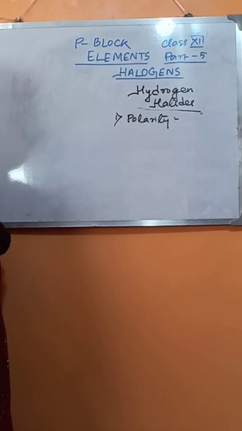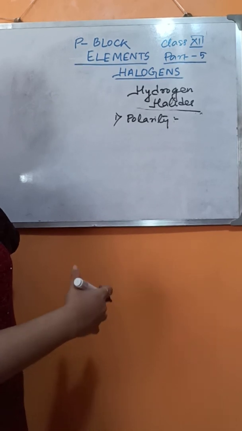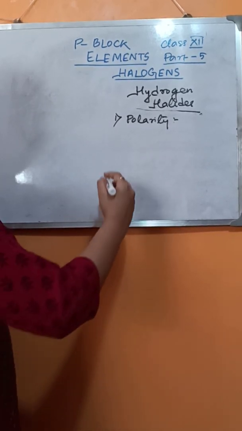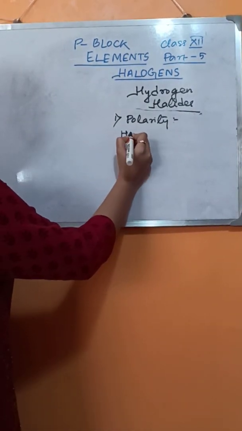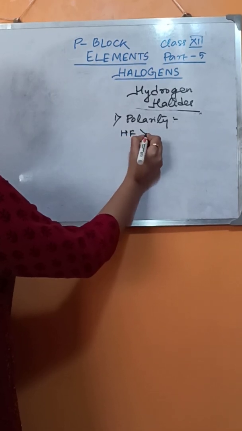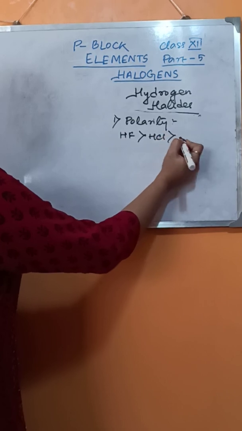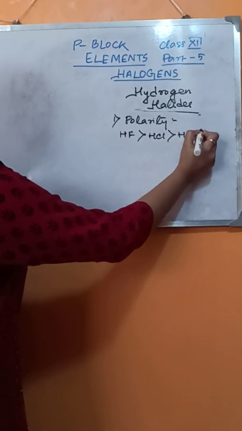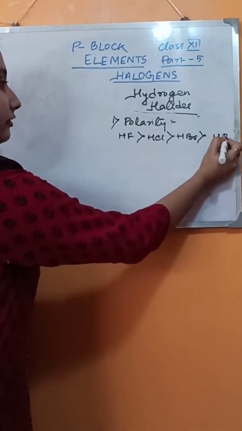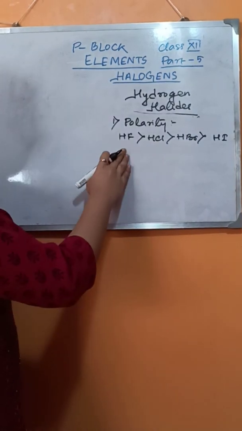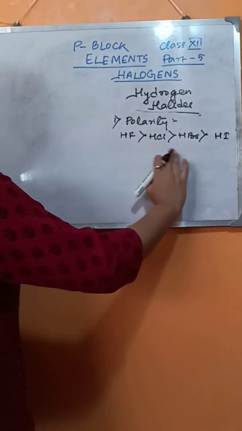First I'll come to the polarity order. Polarity of hydrogen fluoride is more than that of HCl, which is more than that of HBr, which is more than that of HI. So the polarity of the hydrogen halides decreases in this order.